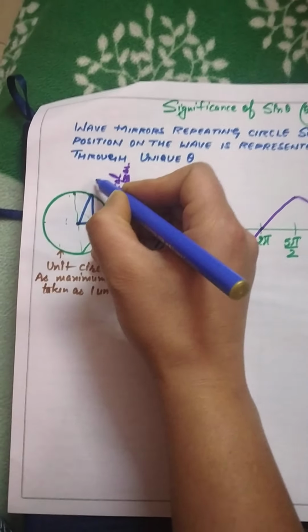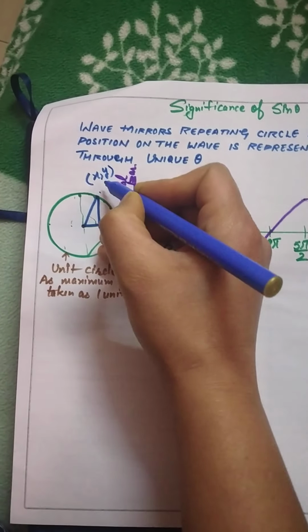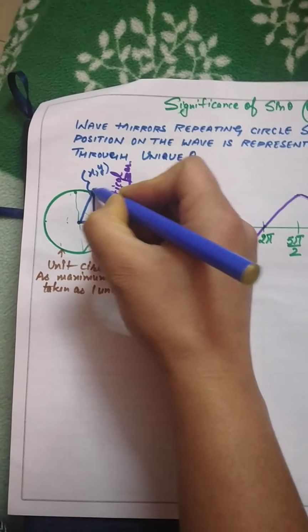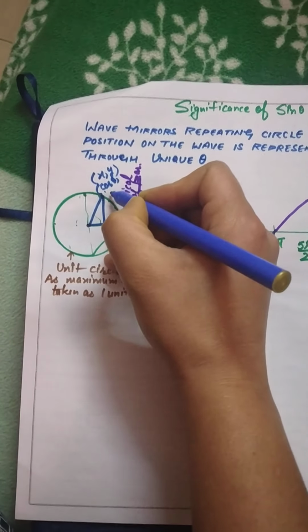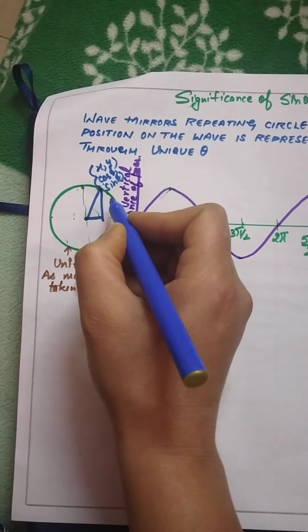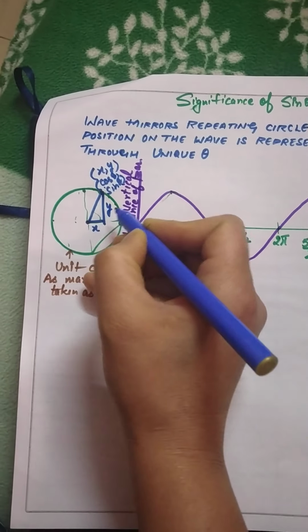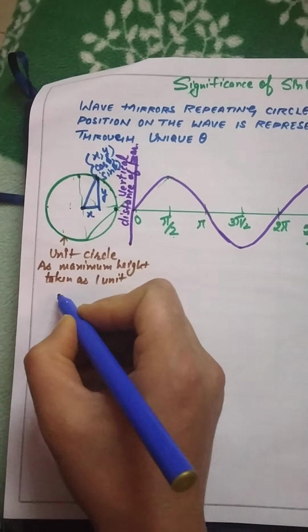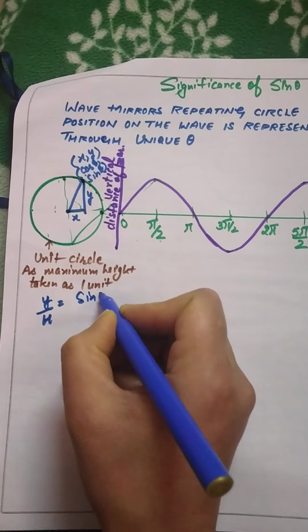So the coordinates of this point are x comma y, but now we can call them cos theta and sin theta also. Why? Because this is x and this is y. As I explained, y over h is sin theta.